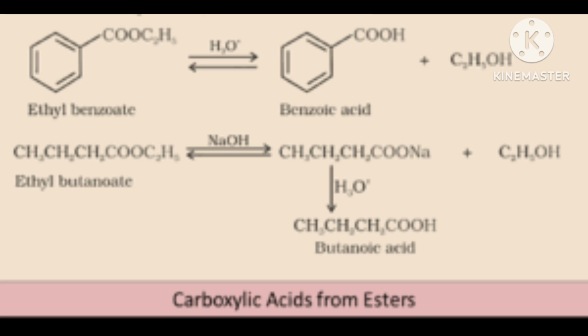Now the second question I am telling you: conversion of benzyl alcohol to phenyl ethanoic acid. Actually it is a 2 step process; you will not get it in one step.